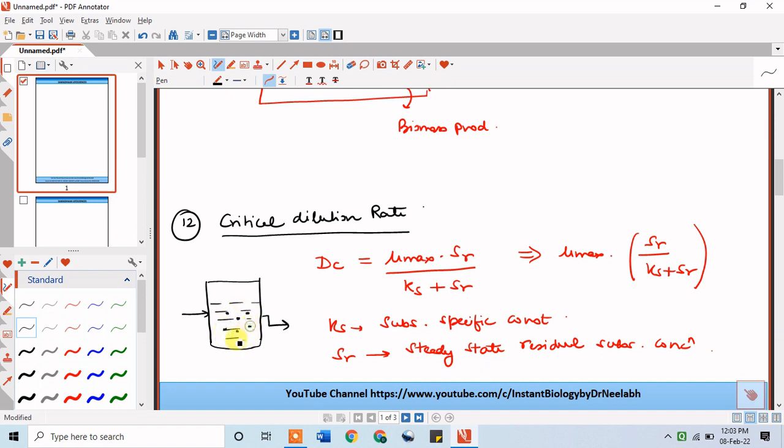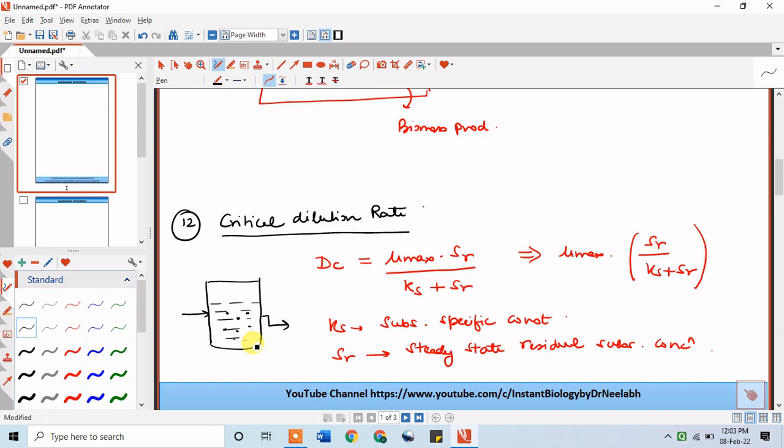So we want to know what should be the dilution rate. अब जो dilution rate होना चाहिए that should be actually somewhere equal to the μmax. ठीक है, μmax का मतलब क्या होता है कि what is the specific growth rate of a cell. एक सेल जो है वो कितनी तेज़ी से ग्रो कर सकता है, that is the specific growth rate of the cell. अगर आप dilution को ज़्यादा कर देंगे यानी कि rate of incoming of the substrate अगर बढ़ा देंगे और μmax कम ही रहेगा, so what will happen, there would be chances of cells getting washed away. तो washing away हम नहीं चाहते, we do not want the cells to get washed away.